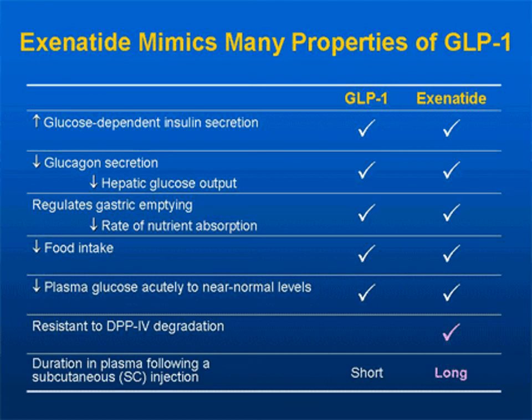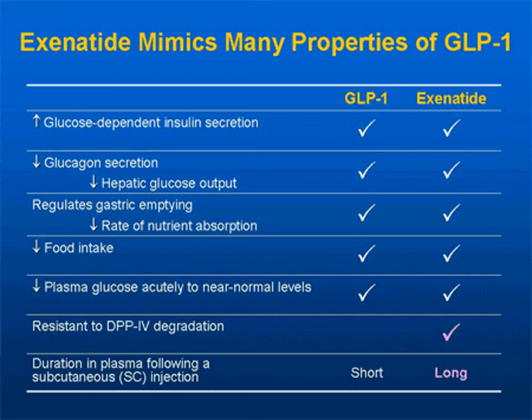Both will slow gastric emptying and therefore decrease the absorption of nutrients and glucose blood level. Both decrease food intake through their central action on the appetite center, and decrease the plasma glucose acutely to near normal levels.